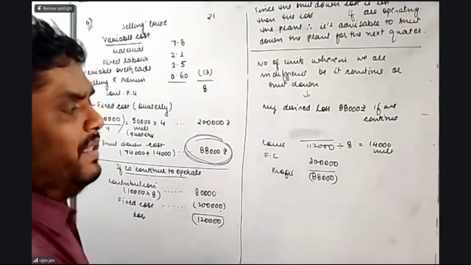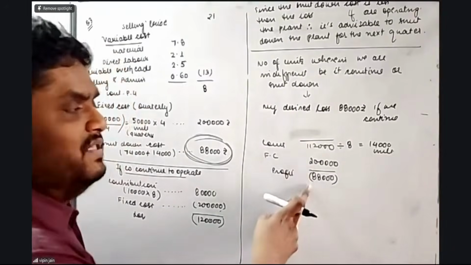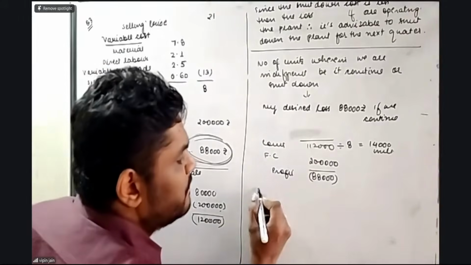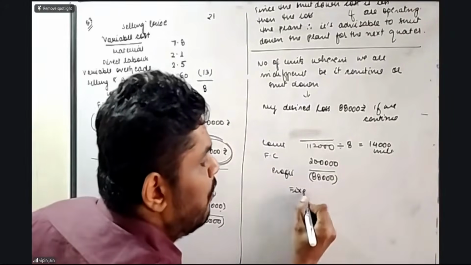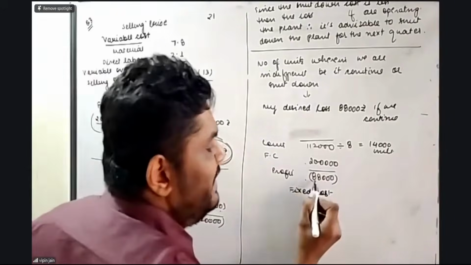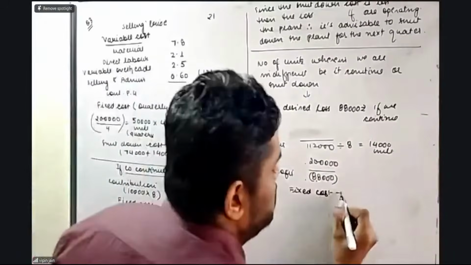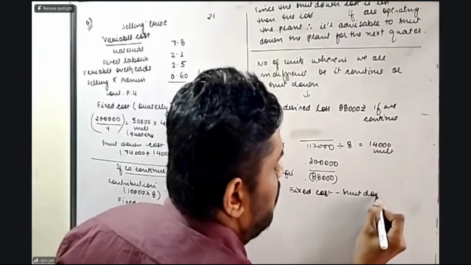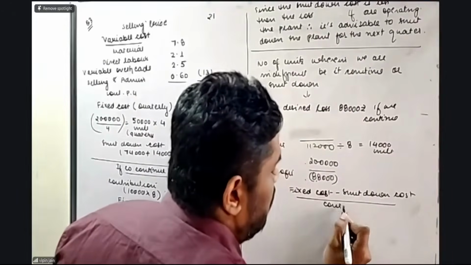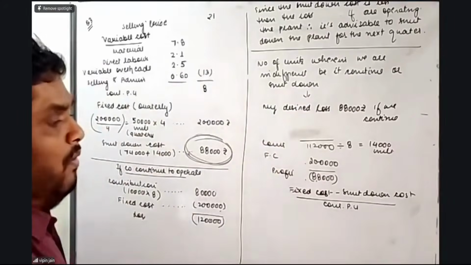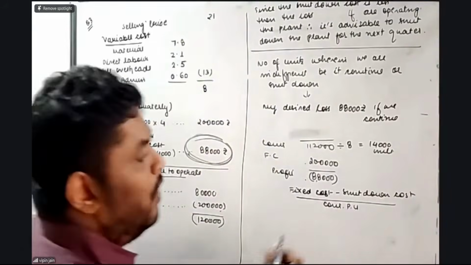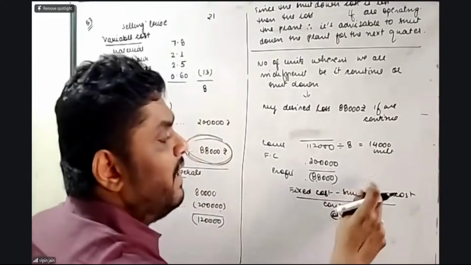So what is this 1,12,000? Fixed cost minus shutdown cost, or fixed cost minus unavoidable fixed cost. Fixed cost is 2 lakh minus my desired loss of 88,000. That was my shutdown cost, or we can say this we can't avoid.